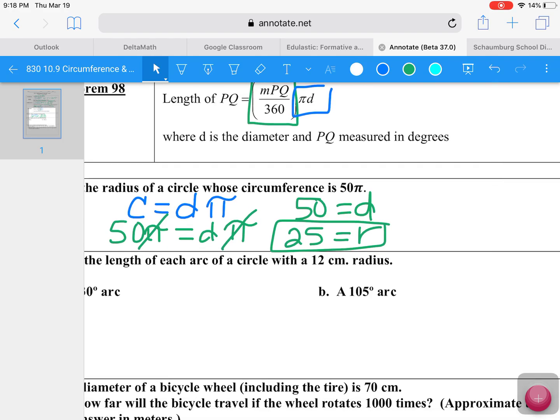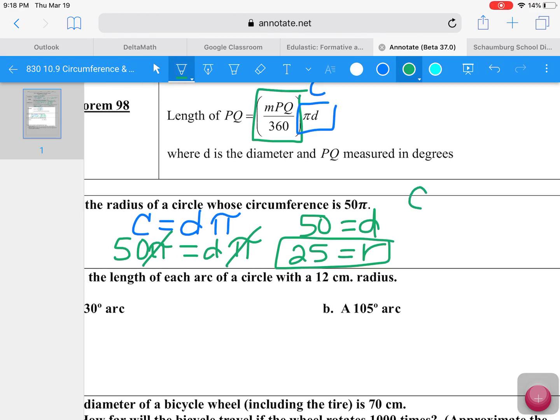Okay, now I could do that with a measurement that's already in terms of pi, or I could actually end up working something out that has a measurement. So for example, if I told you the circumference of a circle was 31.4, I could say 31.4 is equal to diameter times pi.